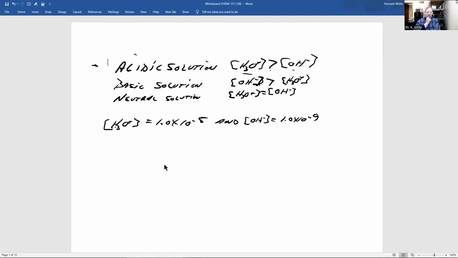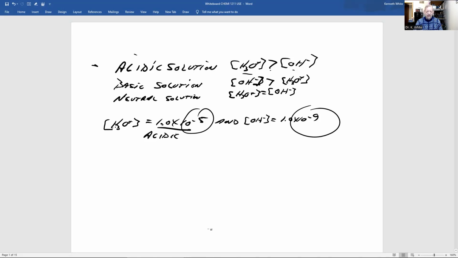Well, you've got to think there. This is not easy. Which is the larger number? Well, it turns out this one, so it would be acidic. But that was a lot of work. You have to know the difference between this and this, and that's not easy.